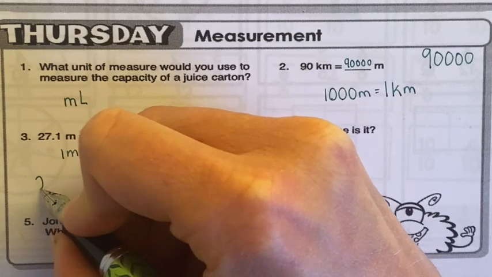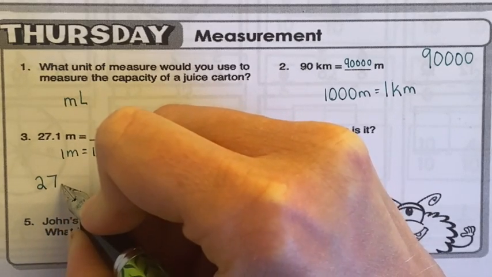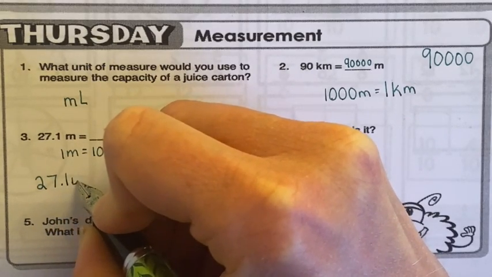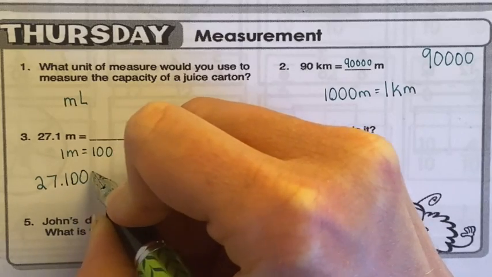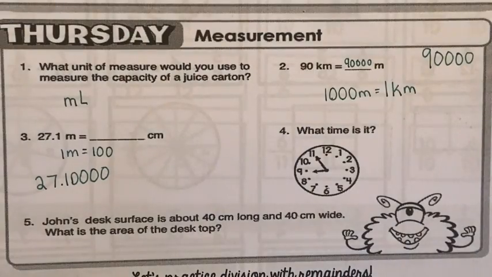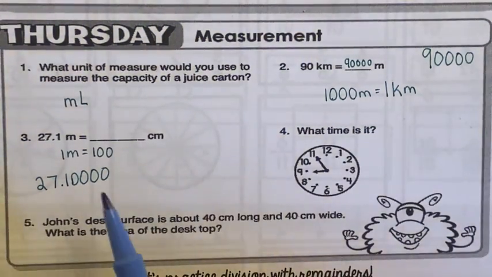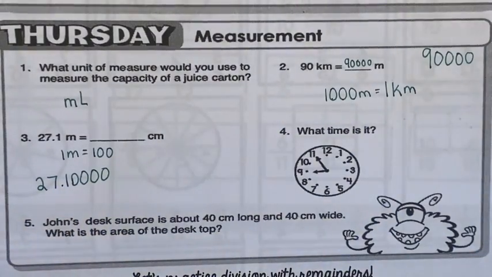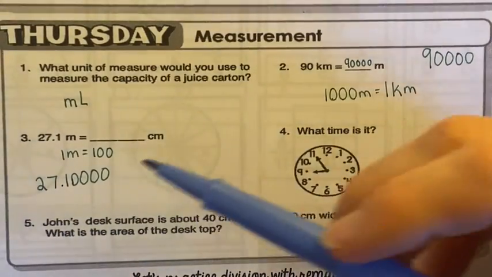So let's write this out here. You have 27.1, and remember there's zeros on the end? Those zeros are always there, but we don't always write them. Past the decimal point, those zeros go on forever, because you can break that number into smaller and smaller pieces.